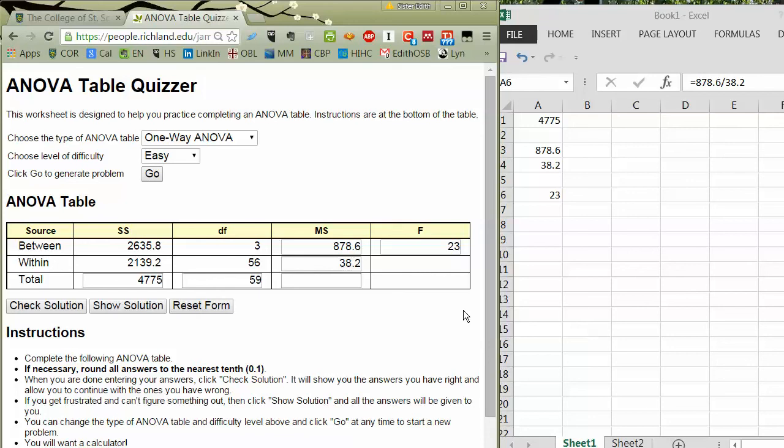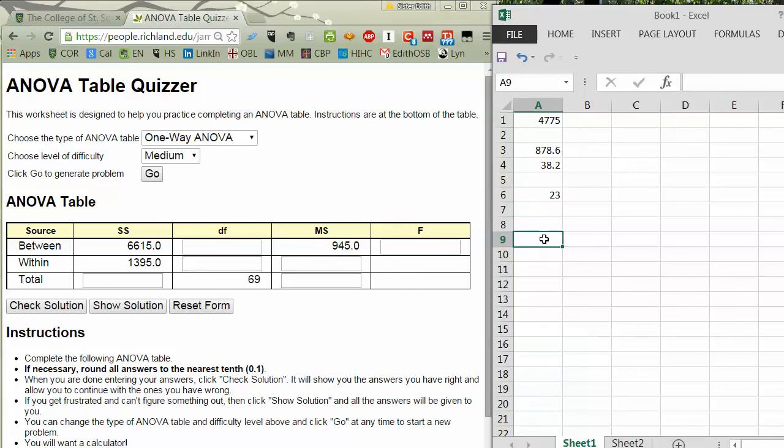I encourage you to do these ANOVA table quizzers over and over again until you can do them in your sleep. As you go up the scale, it makes it a little more difficult by taking out different pieces. So here I'm going to have to solve for the degrees of freedom before I can go across. To get these degrees of freedom, I'm going to have to take this sum of squares, divide it by the mean square, and the number that will pop out is the degrees of freedom.